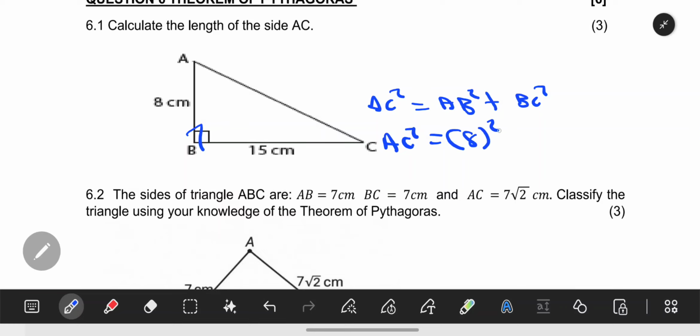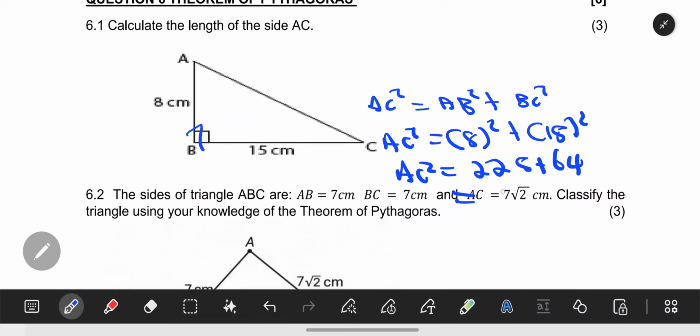AB is 8, so 8 squared plus 15 squared. AC squared is going to be 225 plus 64. When we add, we get 289. We square root both sides, and AC is going to be 17 centimeters. Okay, I hope you are happy with that.